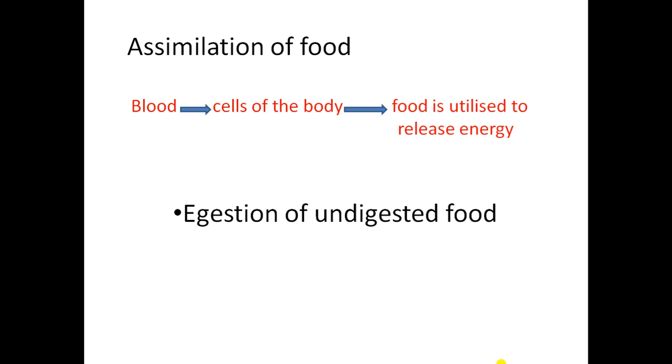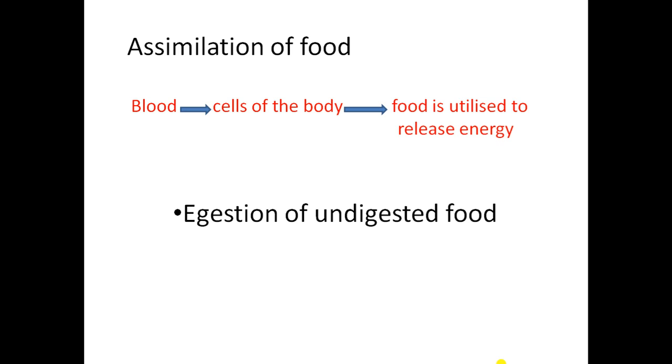The large intestine has two parts. The upper part is called the colon and the lower part is called the rectum. The colon absorbs the water and the salt present in the undigested food. Because water gets absorbed by the colon, the undigested food becomes dry and almost semi-solid.